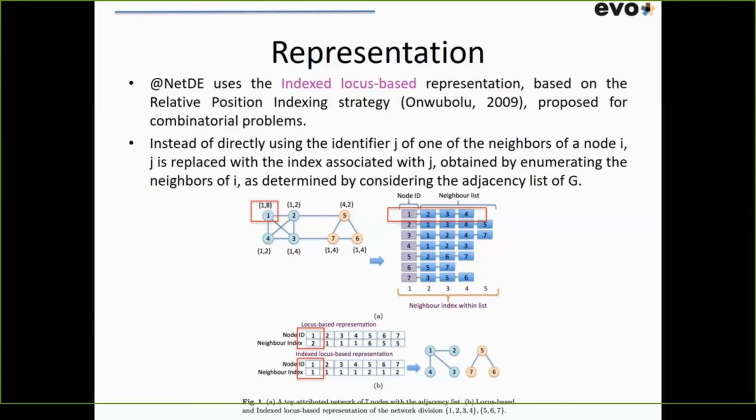This network is clearly divided into two communities, the light blue and the orange one. As you can see from the neighbor list in figure A, node 1, for example, has neighbors 2, 3, and 4. When representing node 1, in the classical locus-based representation, node 1 has as neighbor index 2, while in the indexed locus-based, which is the one that we adopt, it has neighbor index 1. So we basically apply this kind of representation strategy.